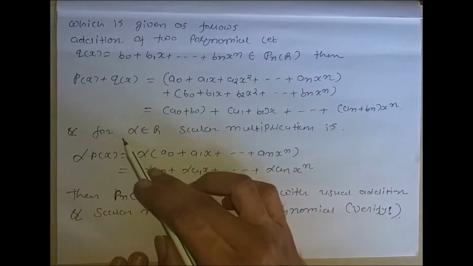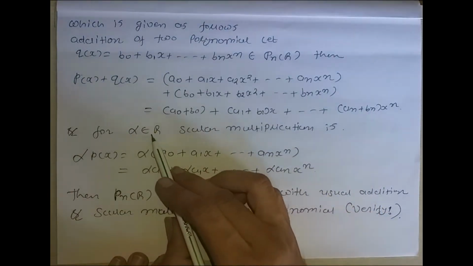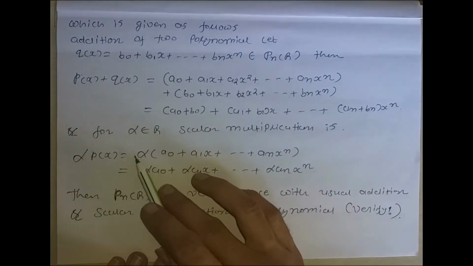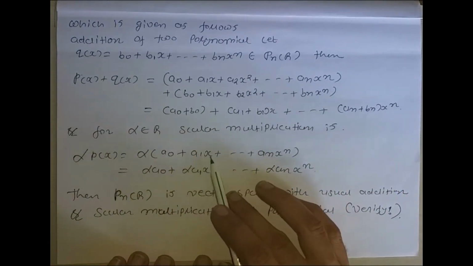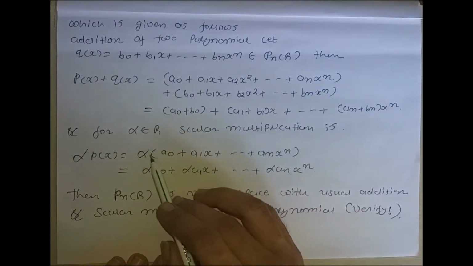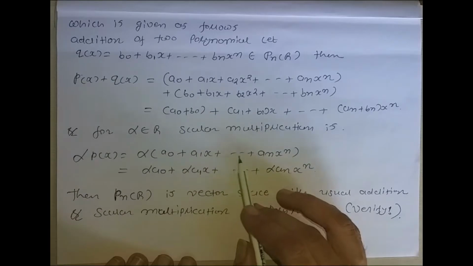Now if we consider any alpha belonging to R, then the scalar multiplication is alpha P(x) = alpha (a0 + a1x + ... + an xⁿ). Now we multiply this alpha to all these coefficients a0, a1, up to an.